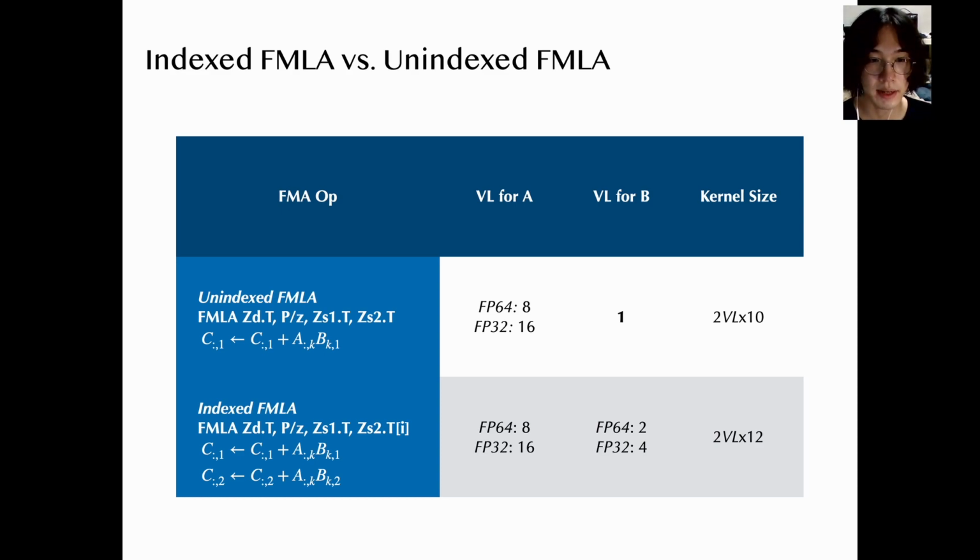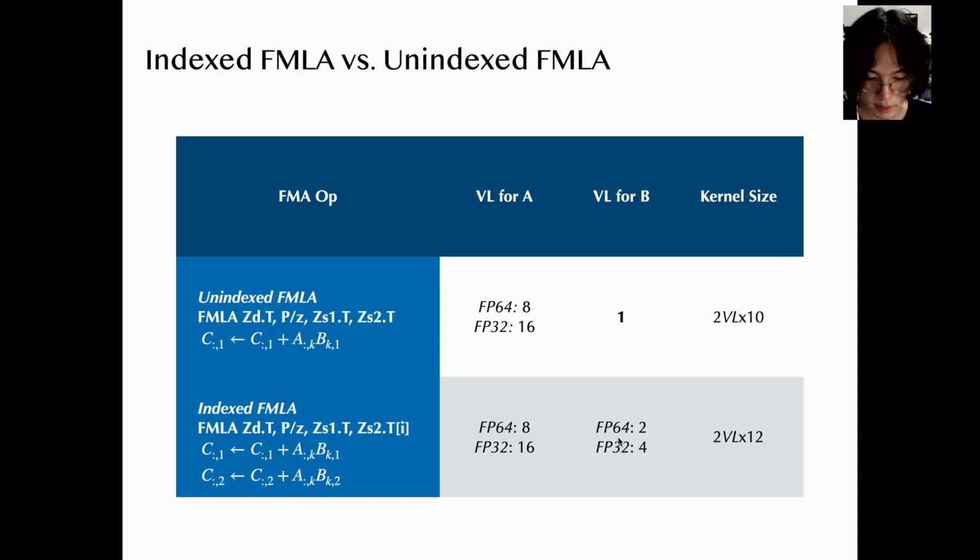On the other hand, if we allow the use of indexed FMLA, each vector used to store B can now contain more elements, defined by the indexing range. For example, here, if we operate on double precision FP64, we can contain both the first element and the second element in B and dispatch 2 with one vector of B. On the other hand, if only unindexed FMLA is allowed, we have to occupy the whole vector for one B element.